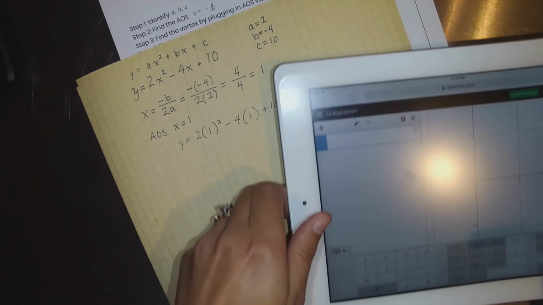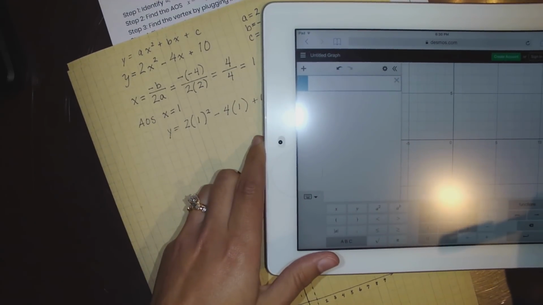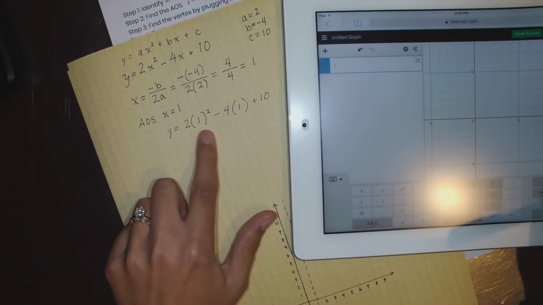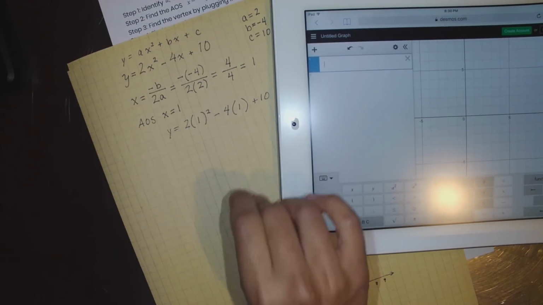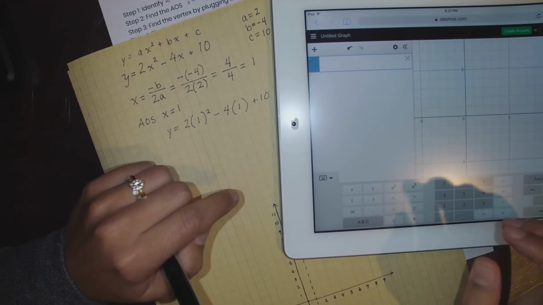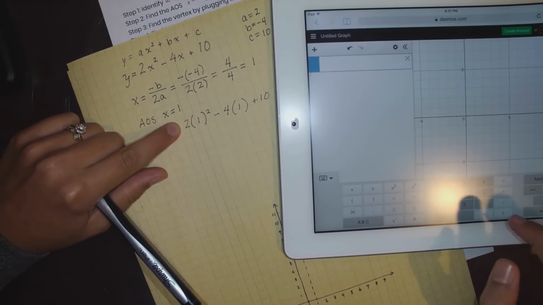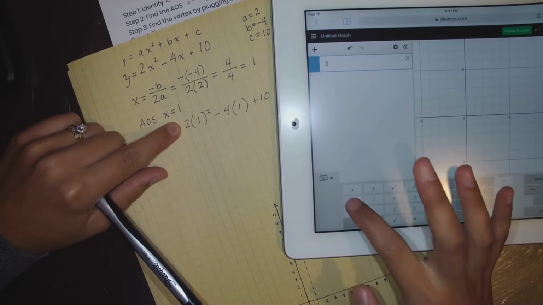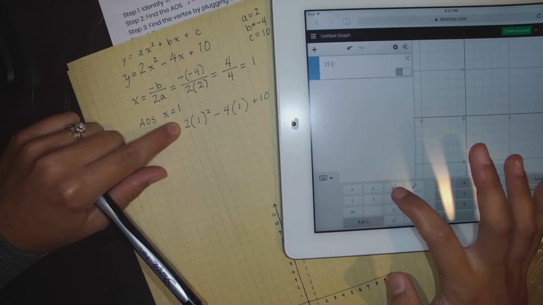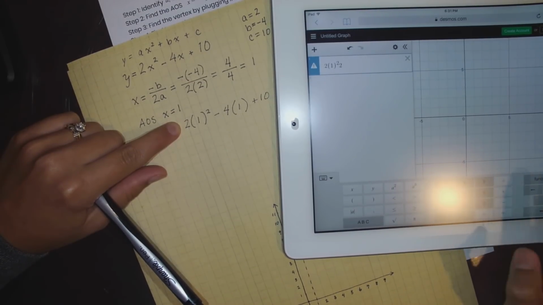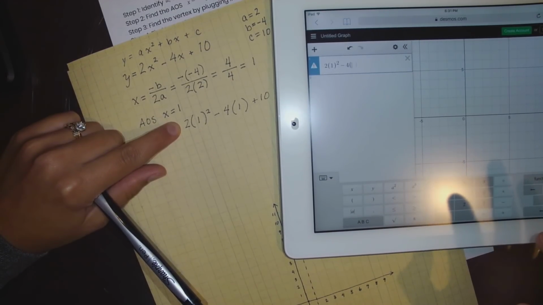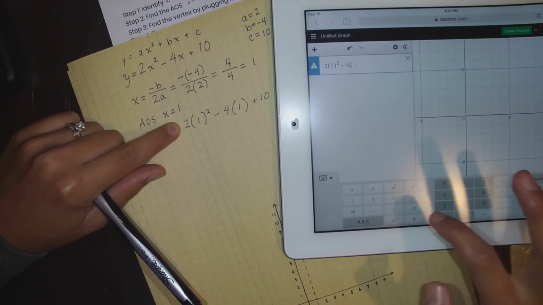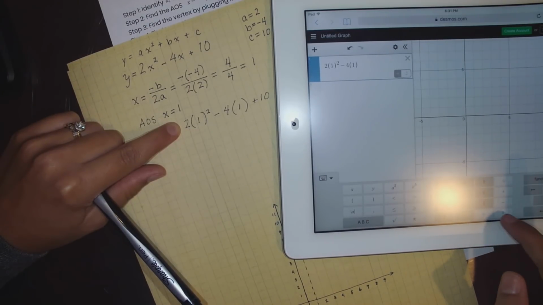Using Desmos, we just type it in as we see. So I'm just going to type in this expression here, including the parentheses. So don't forget those parentheses. So let's see, we're not typing the y equals, we're just evaluating this. So we have 2 parentheses 1 squared minus 4 parentheses 1 plus 10.